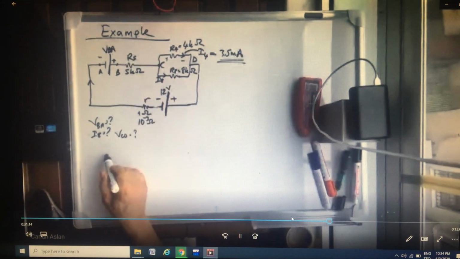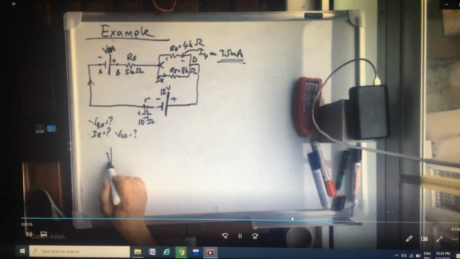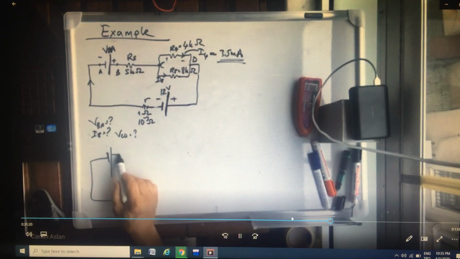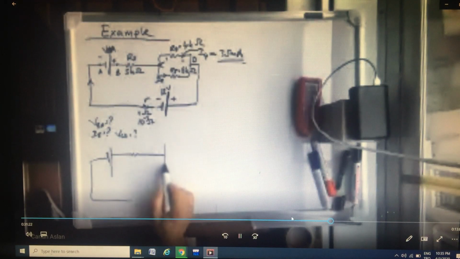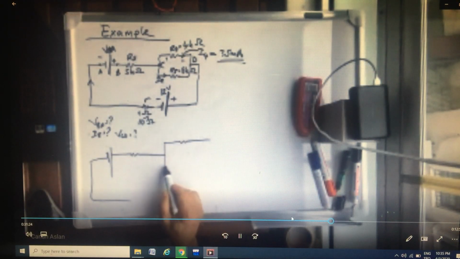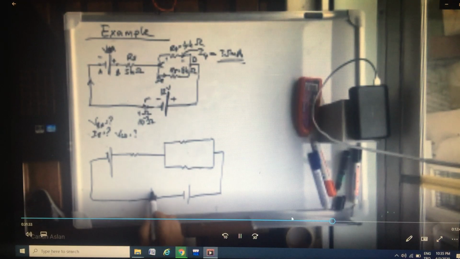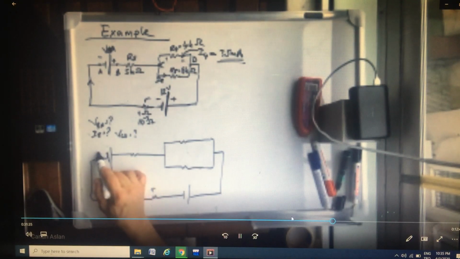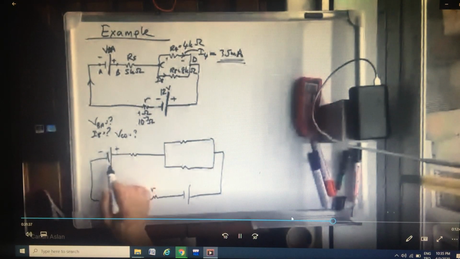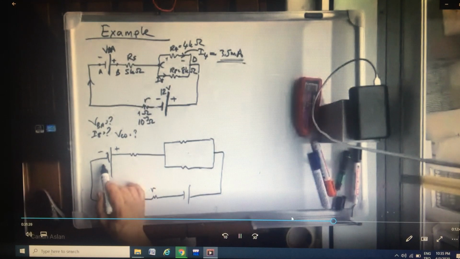Now, let me draw another cleaner circuit so that everything is not mixed up. So the power supply here. When there are more than one power supplies, we don't know the directions of the currents because we don't know which one is greater, you know.